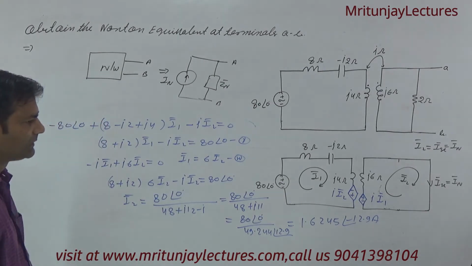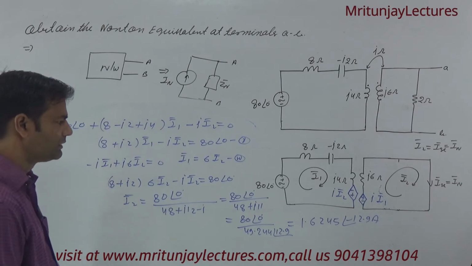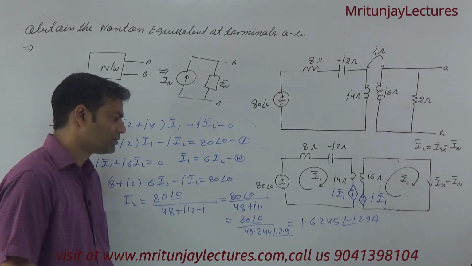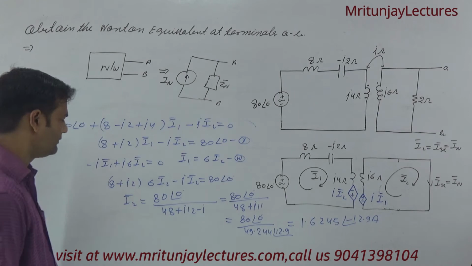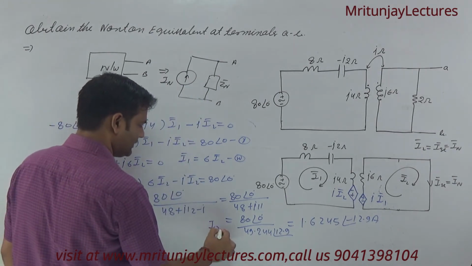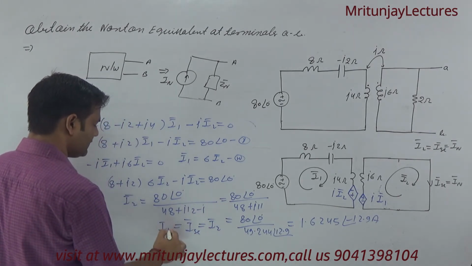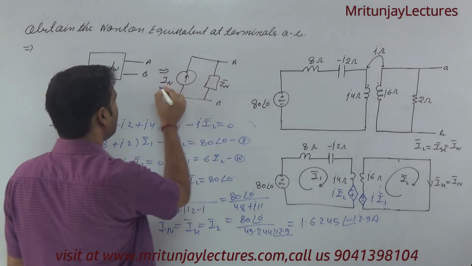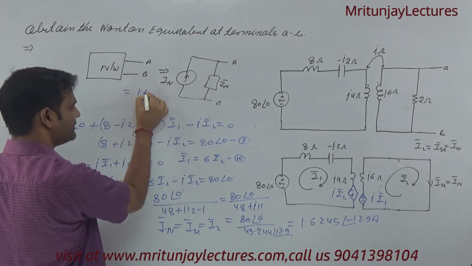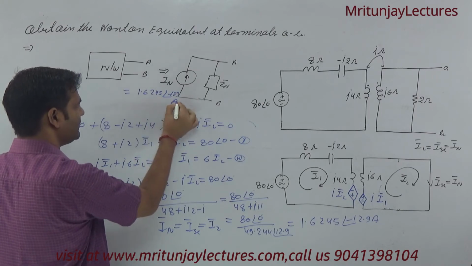That is I2, which is nothing but ISC, and ISC is equal to IN. So IN is 1.6245 at the angle minus 12.9 ampere. Clear?